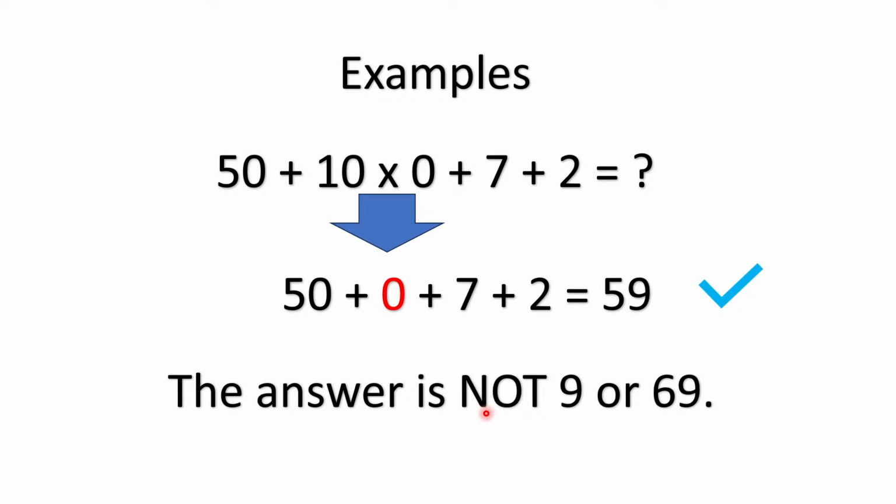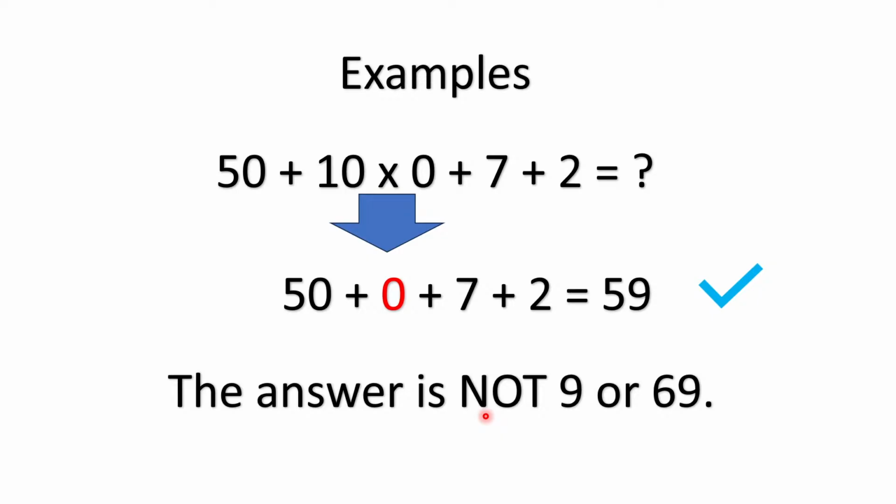Now, there's a lot of examples out there. You see a lot of these popular problems online. We're going to start getting into just solving a few of these now that we've spent a lot of time going over the order of operations. I didn't really expect to spend 20 minutes on that topic, so I apologize if I've bored anyone already. But one of these problems here is 50 plus 10 times 0 plus 7 plus 2.